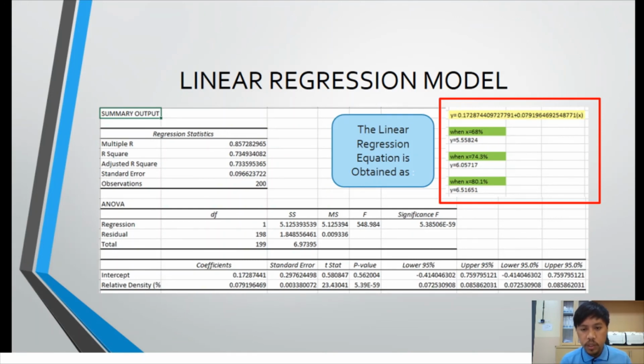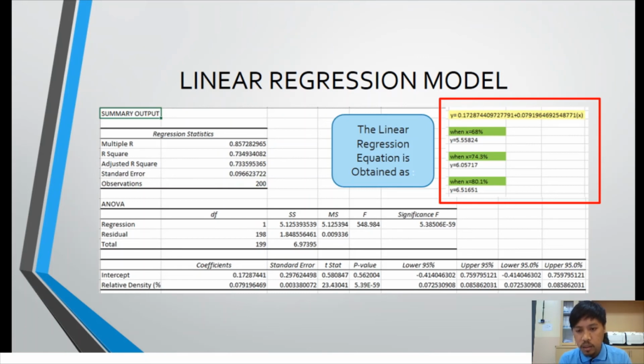For the linear regression model, we use Excel to find the summary output. Here is the result we get from Excel. The linear regression equation is obtained as y equals 0.172874409727791 plus 0.07919646925487771 multiplied by x.